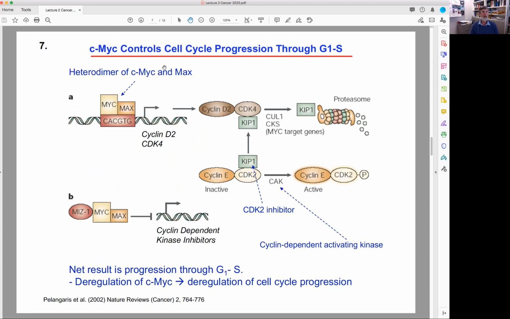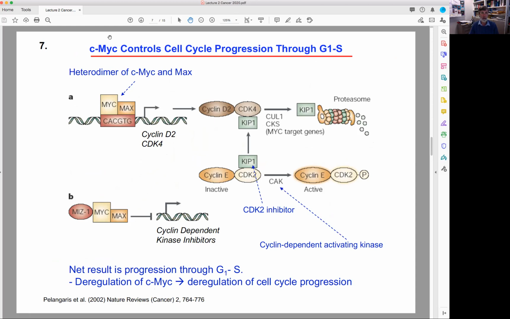So c-MYC controls cell cycle progression through G1S of the cell cycle. It does this by regulating the activity of this complex cyclin E, CDK2, which is active in its phosphorylated form and allows cells to progress through this G1S phase.